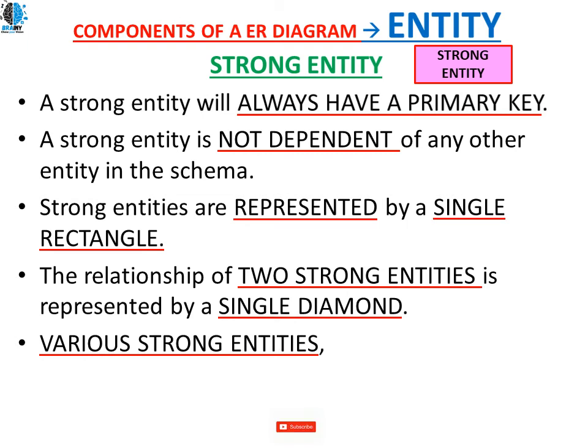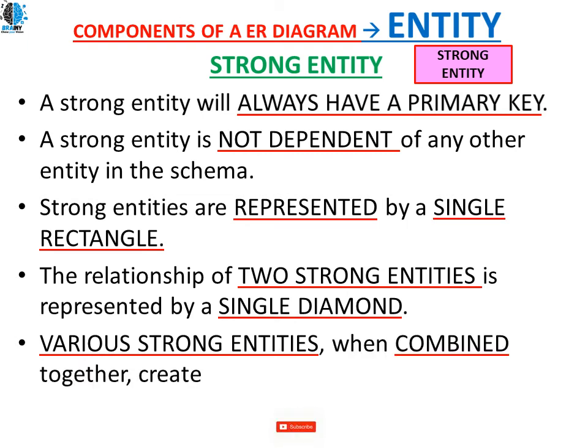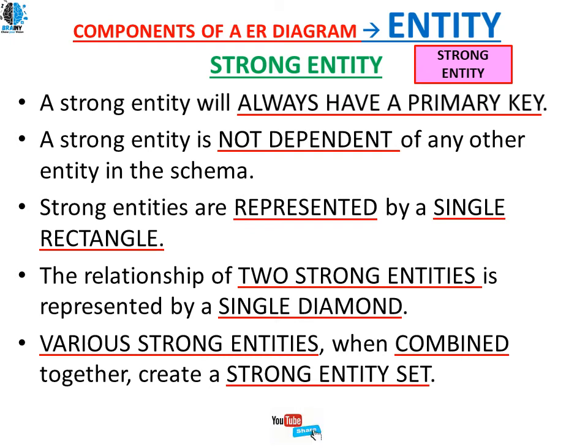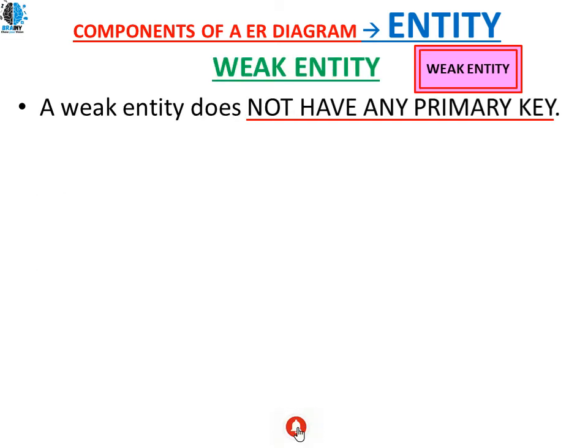Various strong entities when combined together create a strong entity set. If I combine together a set of strong entities, then that particular entity set will be called a strong entity set. What's a weak entity? A weak entity does not have any primary key.